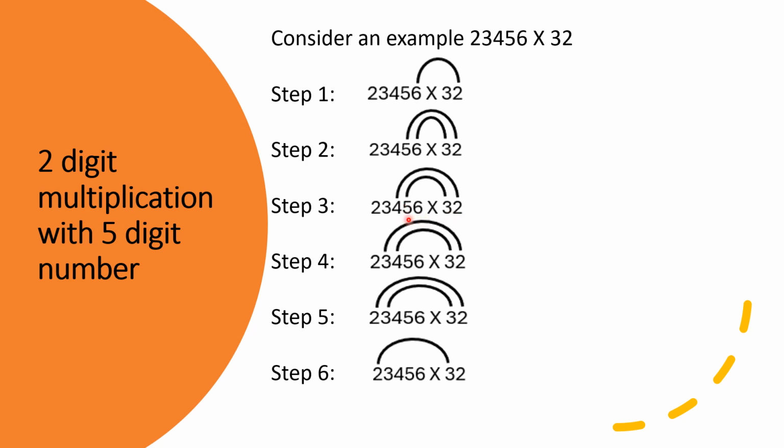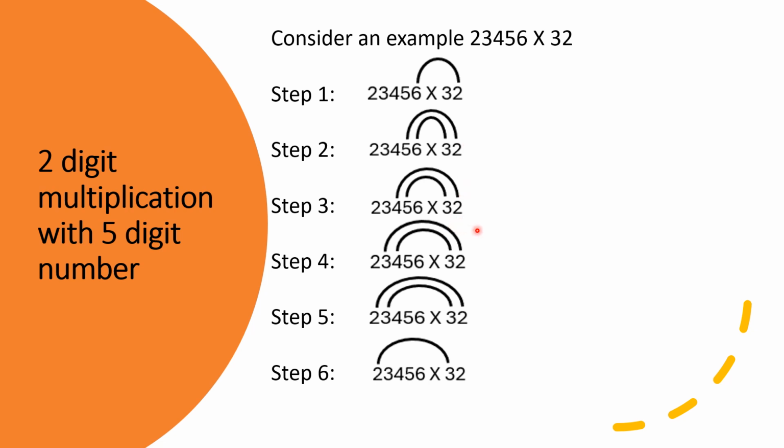Okay, so as I mentioned, the number of pairings here, in this case two pairs, will be equal to the number of digits in the multiplier. Since we have a multiplier with a two-digit number, you will have a maximum pairing of two digits only.